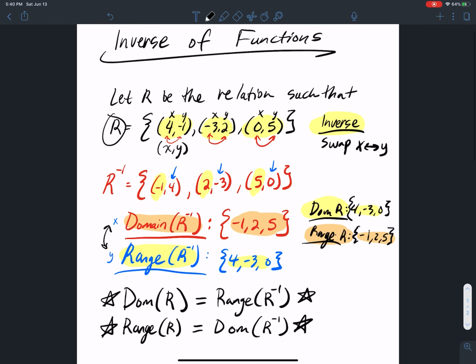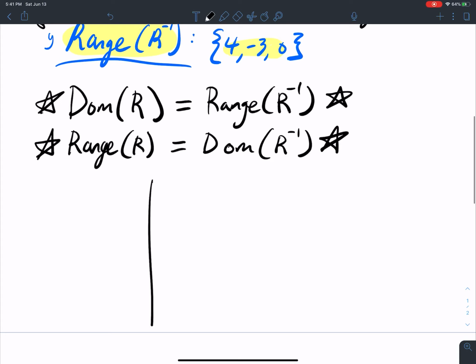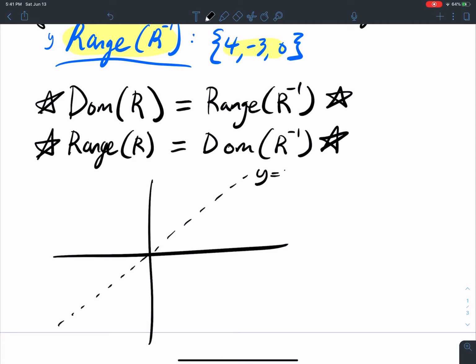So graphically, what's happening here is I'm taking a function and I'm reflecting it across this line, y equal to x. Okay? So if I have this function like this here, then I'm literally taking it and I'm reflecting it.